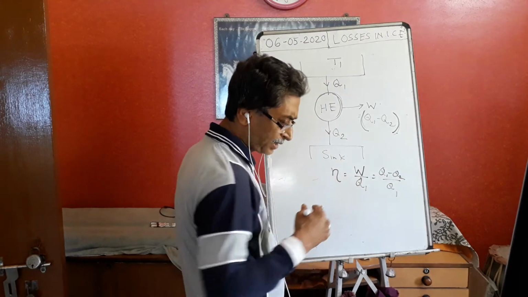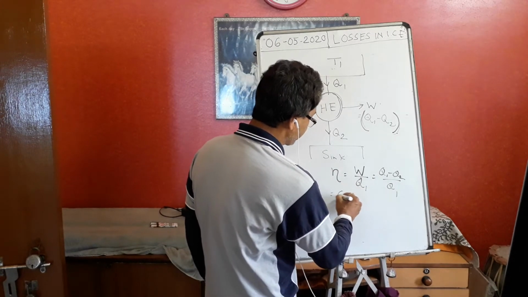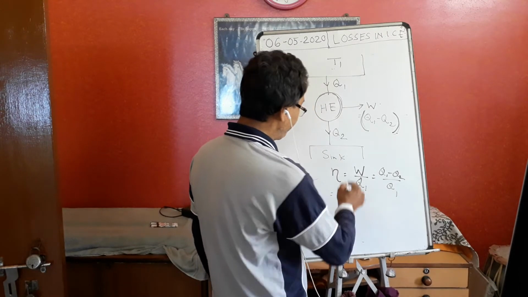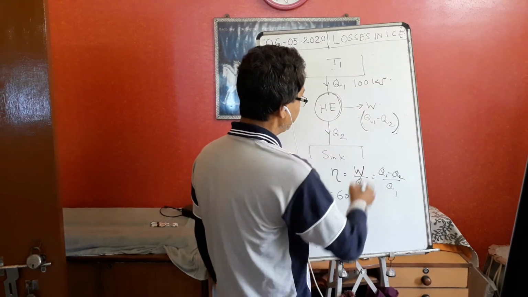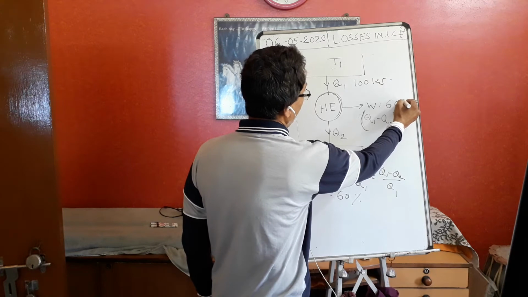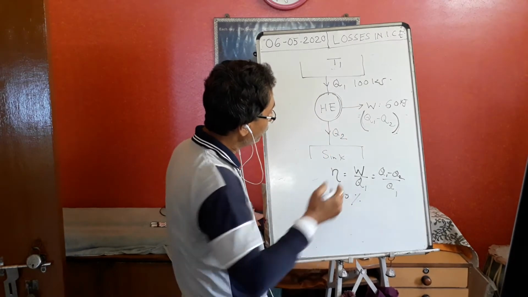Actually, what is the interpretation of this efficiency? Suppose the efficiency I get is 60%. What does it mean? If I give 100 kilojoule of energy, then I will get 60 kilojoule of work.